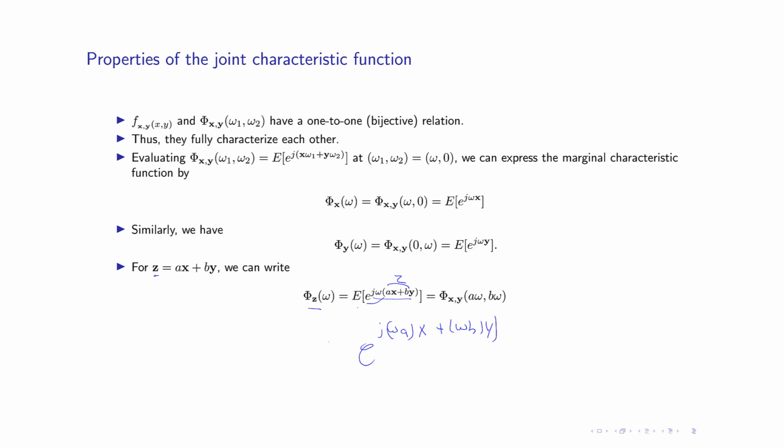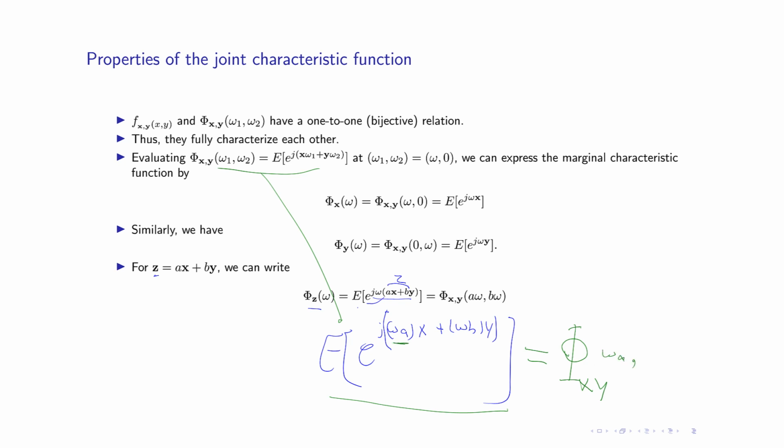Now, if you look at the expectation of this and compare this expression with what we have here, you'll see that it is equal to the characteristic function phi x y, where omega 1 is equal to omega a and omega 2 is equal to omega b.